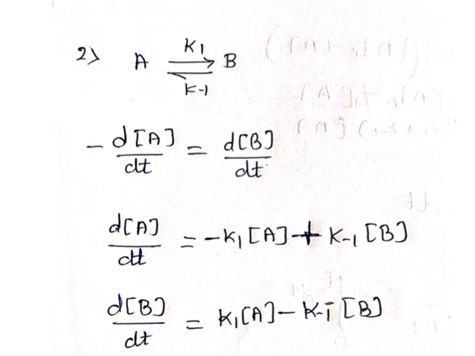But we have to write down separate rate laws for A and B. So we are going to write down here dA by dt. As earlier I have told you, when only one reactant is there which gives a product, at that time you can write the minus sign either at the left side or at the right side when the concentration of the reactant is going to decrease.